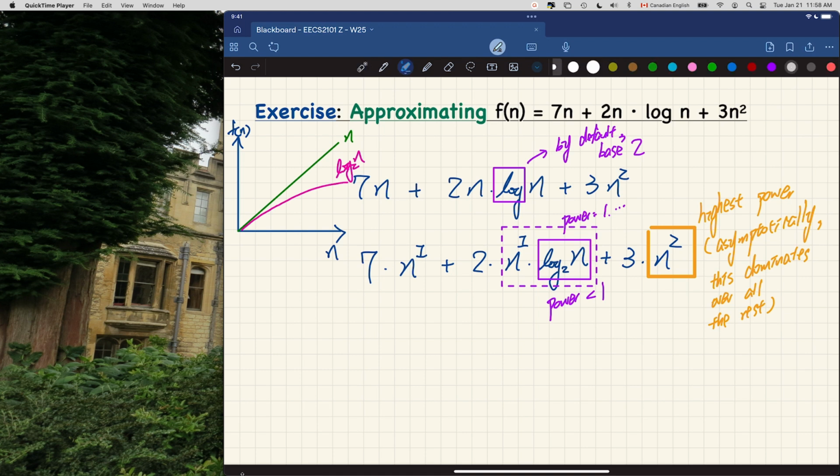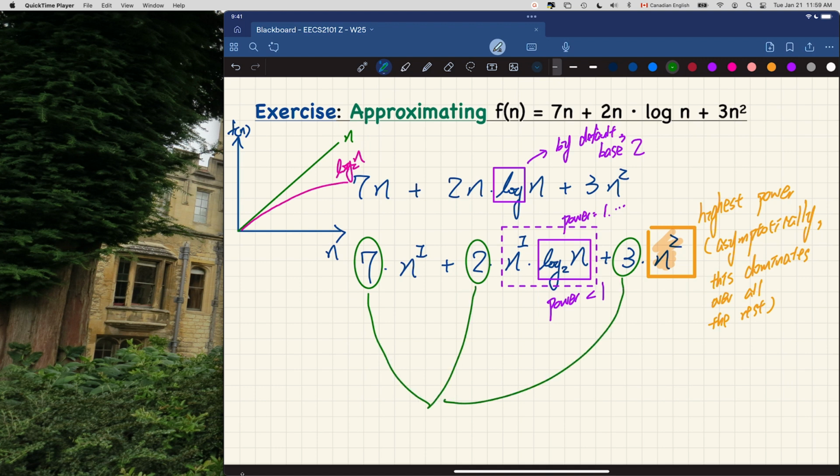So let me also highlight it here. Also, we got something called multiplicative constants. You can see the 7 here, and also the 2 here, and also the 3 here. These are the multiplicative constants. And anything but the highest term will be the lower terms.